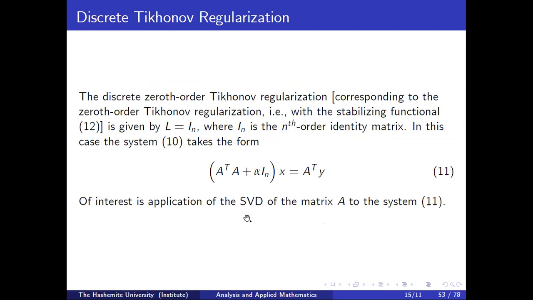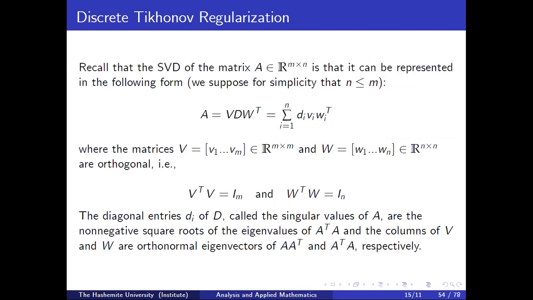Now, if we use the singular value decomposition, which is well known in numerical analysis, we can take the matrix A and write it as V D W transpose, where V and W are orthogonal in this sense. And D is a diagonal matrix which contains on the diagonal the eigenvalues of A transpose A. This is a well-known technique.